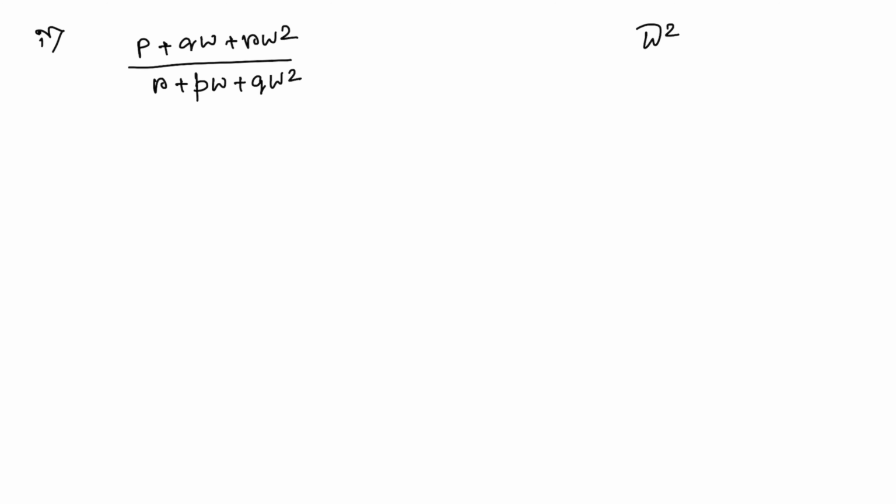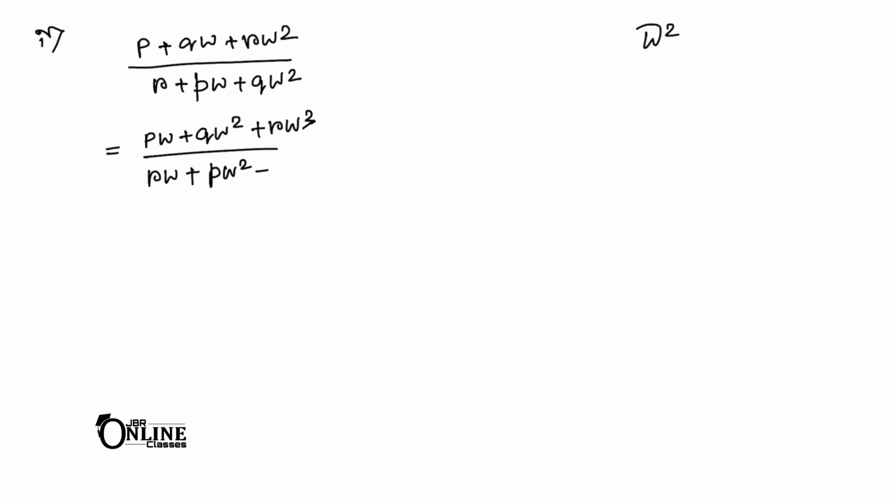From the first one, if you multiply up and down with omega, it becomes p omega, q omega square, and then r omega cube. Next one, r omega, p omega square, then q omega cube.